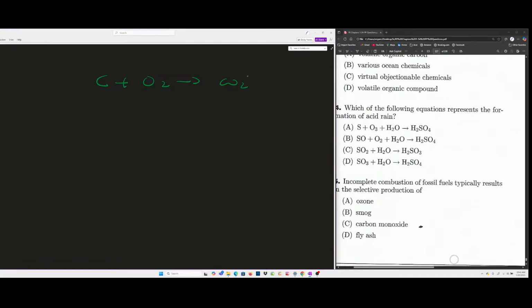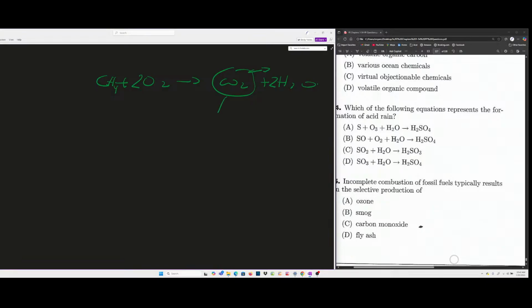CO2 is always the final product. If you have a hydrocarbon like methane plus oxygen, it is going to be CO2 plus water. When you balance this equation, you're going to have something a bit different, but this is just a general formula of combustion. Most times our main product is CO2 for combustion.